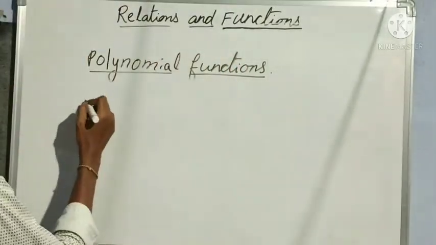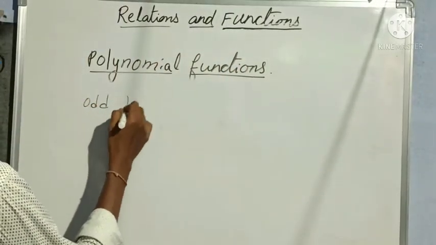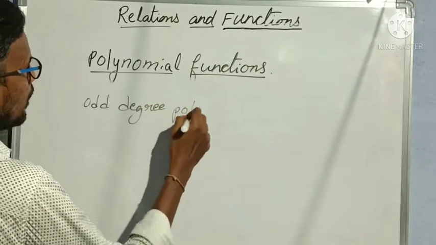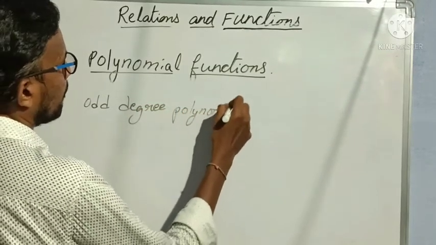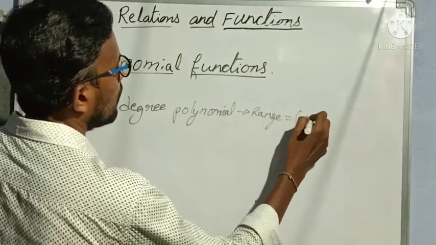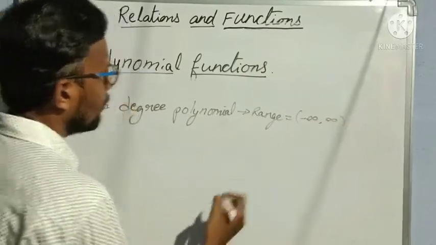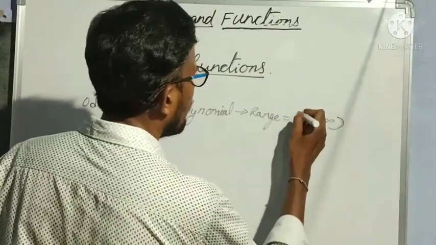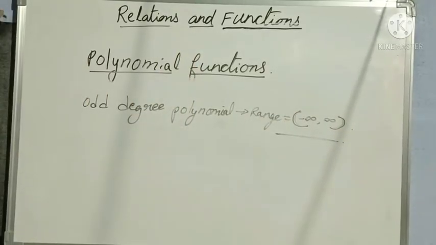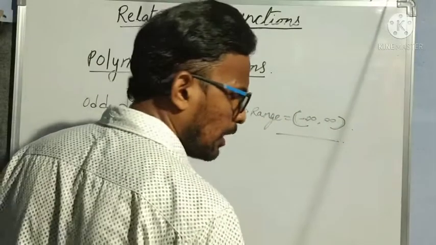Minus infinity to infinity. So for an odd degree polynomial, range is equal to minus infinity comma infinity. Clear? This is very, very important. Okay, so this is about polynomial functions.